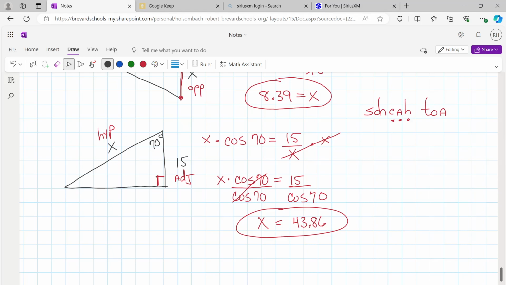Any questions so far? Yeah. You type 15 divided by 70 cosine, hit equals.